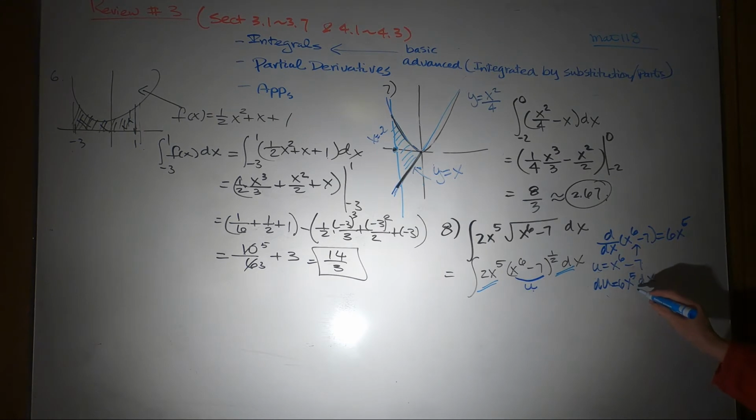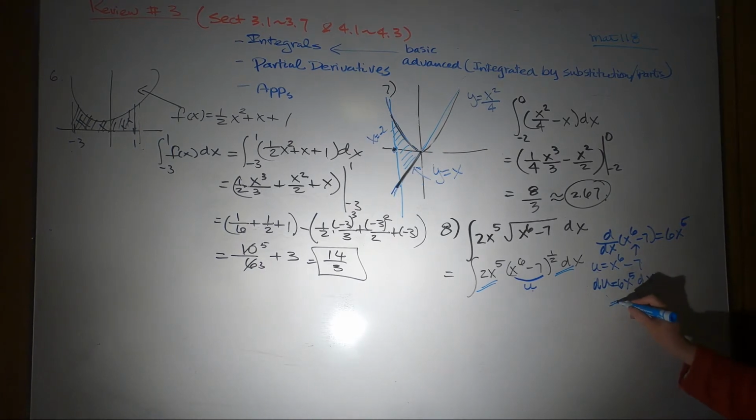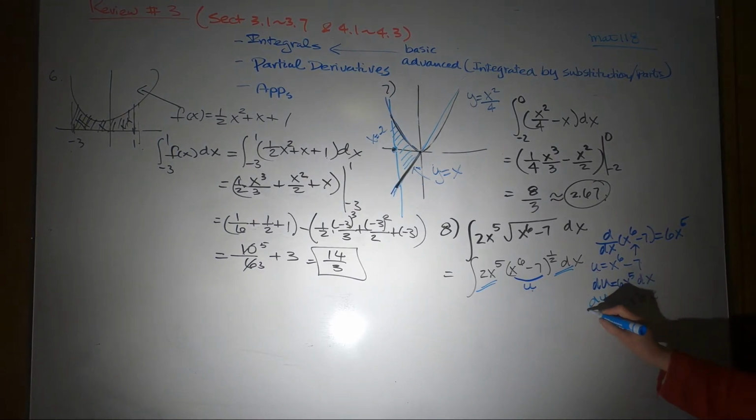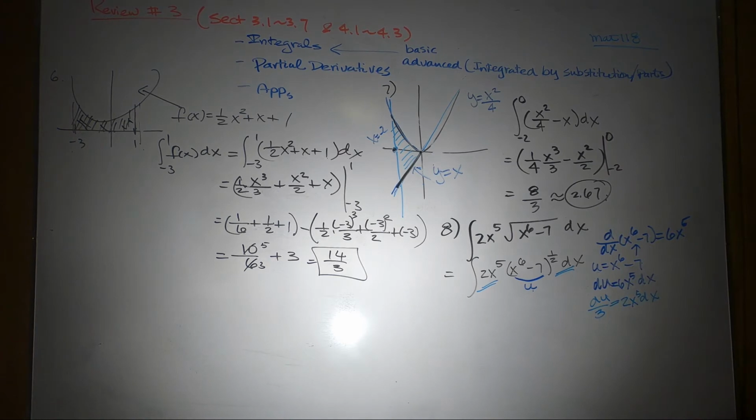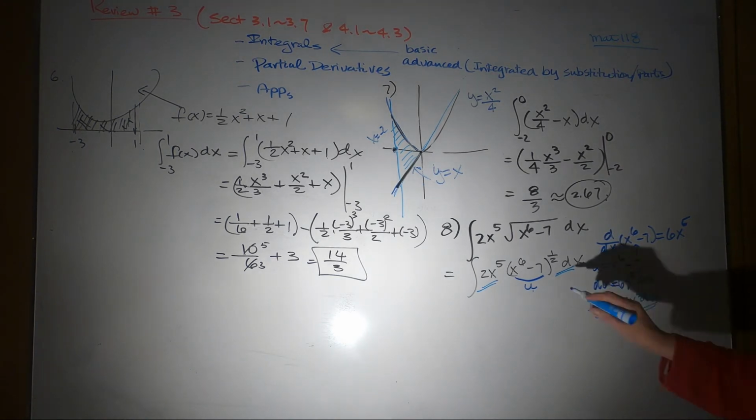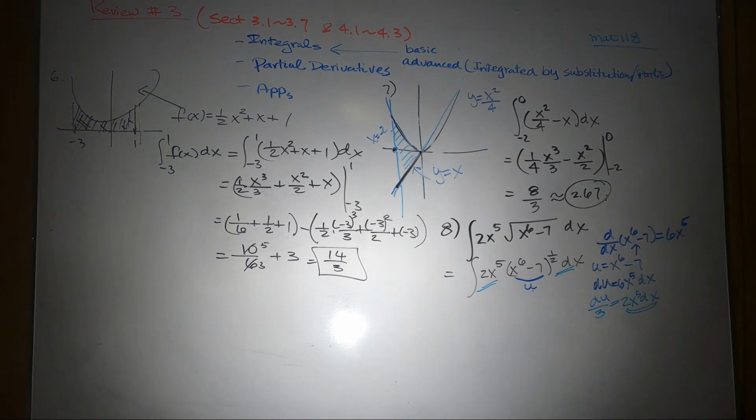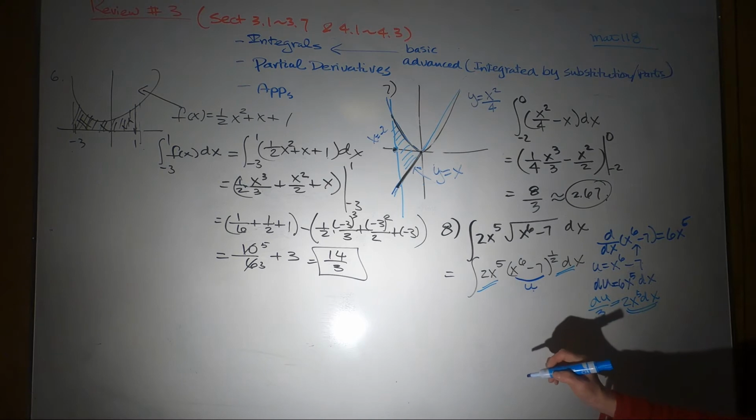But here it is just 6. So if 6x fifth dx, then that will be du divided by 6, right? You divide both sides by 6. So that will be your remaining things inside the integral you can replace it with, right?